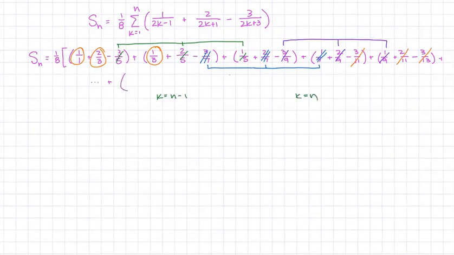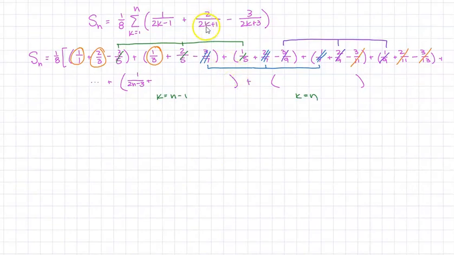Last one would be the upper limit when k is n, and then we have to look at right before it. So if we let k equal n minus 1, just be careful, because remember this 2 would have to distribute across there. So you'd have 2 times this, so you'd have 2n minus 2 minus 1. You'd have 2n minus 3 for that first denominator.